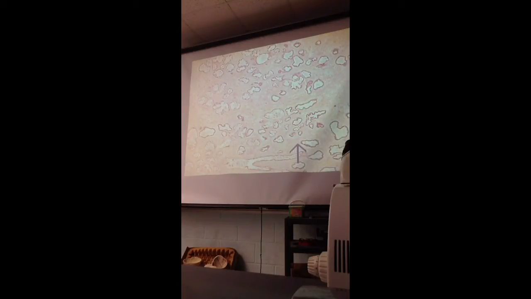But the best way to identify prostate is the interstitial tissue. Around these tubulo-alveolar glands, you have lots and lots of fibromuscular stroma. It's all fibrous, and there is also some smooth muscle in that.